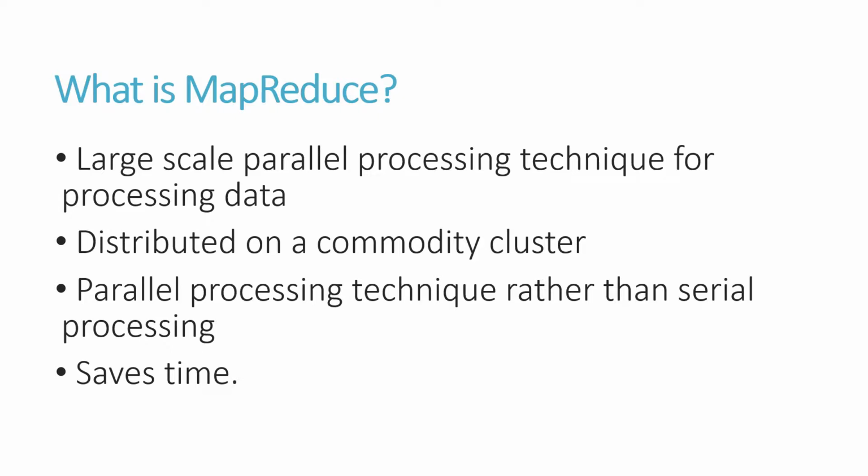So, MapReduce is a parallel processing technique for processing data rather than processing the data serially, saving a great deal of time. MapReduce allows scalability across hundreds or thousands of servers in a cluster at one time.